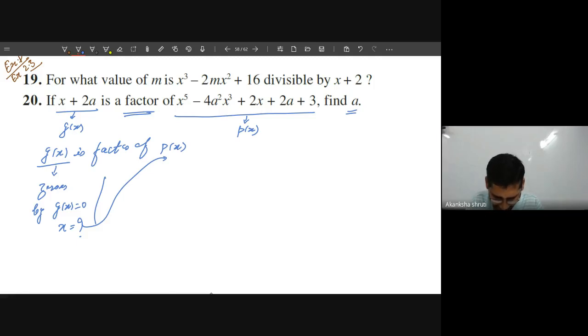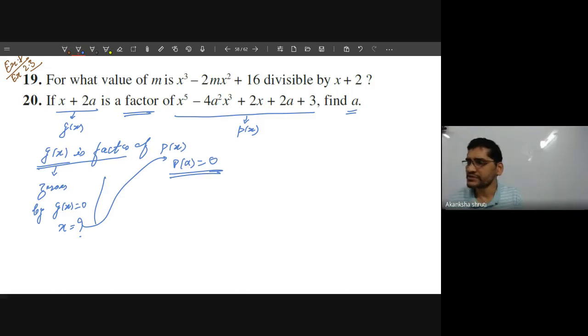So whatever x you get from here, you put it here and equate it to 0. This is the simple concept of our factor theorem. The factor theorem tells us that whatever value of x we obtain by equating g of x to 0 will also make p of x equal to 0.